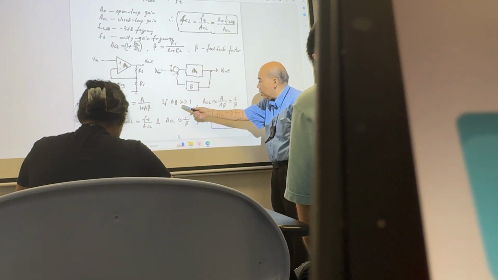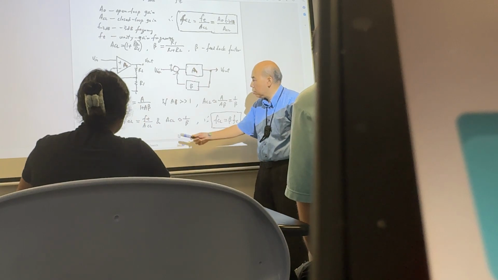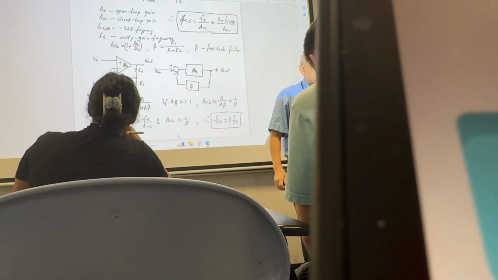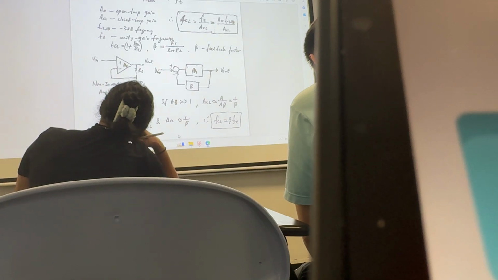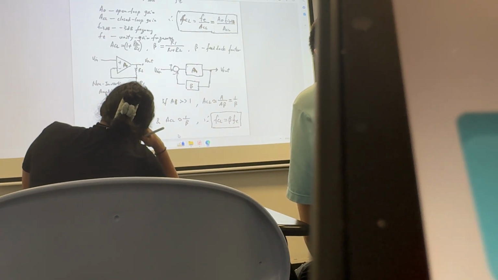Now, A beta can be small. A can be large, for example, 1 million, 100,000, 10,000 open loop gain, right? They are not infinite. For an ideal op-amp, A is infinite. A practical op-amp is talking about 10,000, 100,000, or 1 million, right?